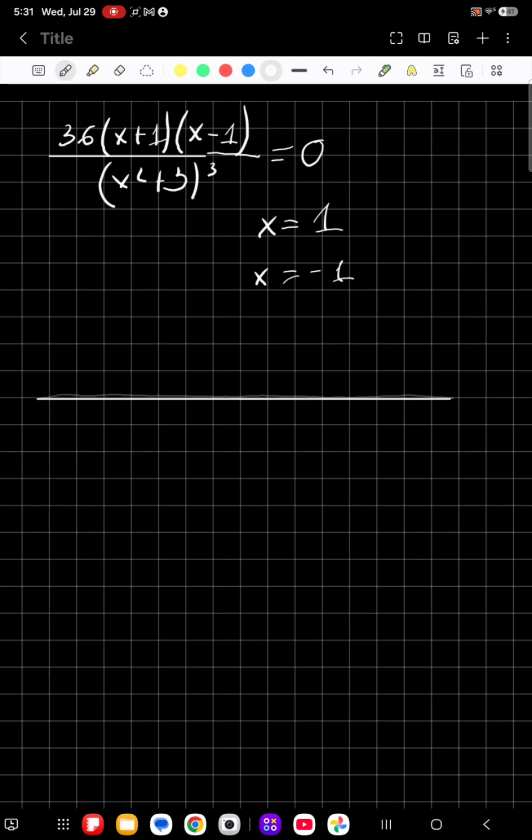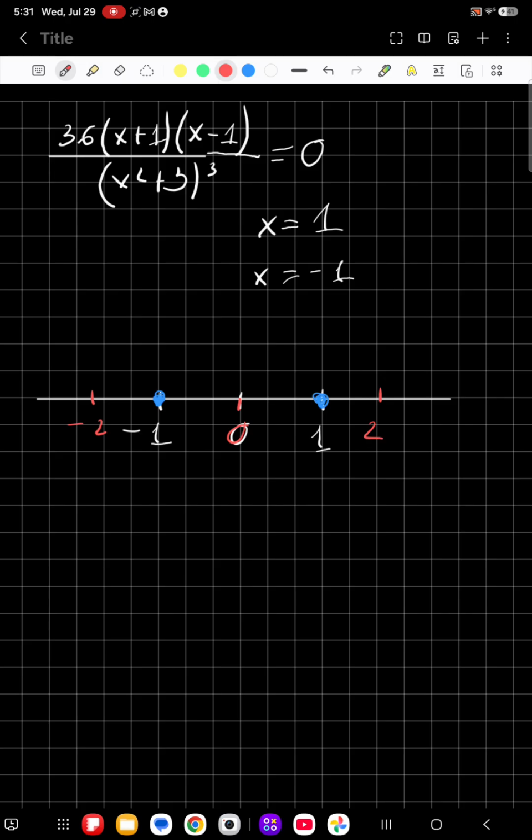Number line: we have negative 1, let's put 0 here, 1 here, and let's make those critical numbers, inflection points, blue. I will pick a couple of testing numbers: maybe negative 2, 0 as our testing number for this interval, and 2 over here.